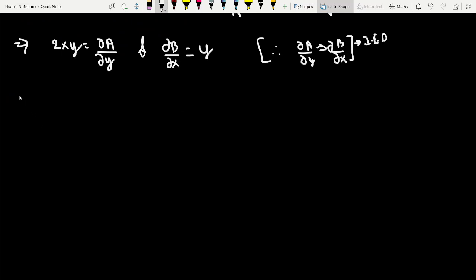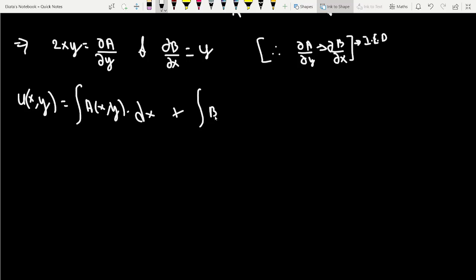Our solution u(x,y) can be represented as the integral of a(x,y) dx plus the integral of the b part which contains everything but not x. I will explain this second part.